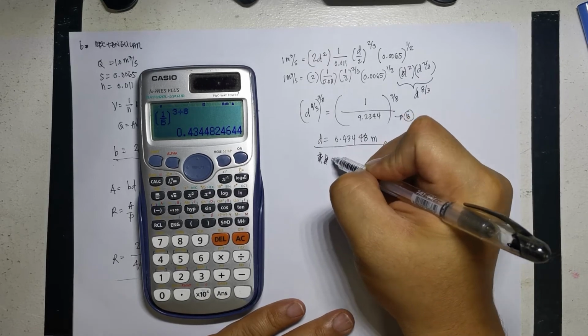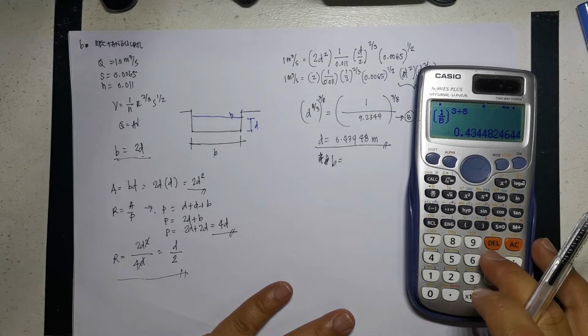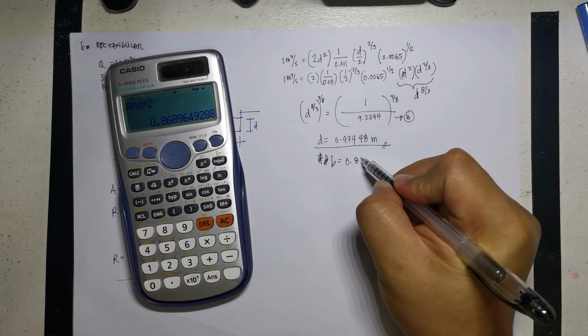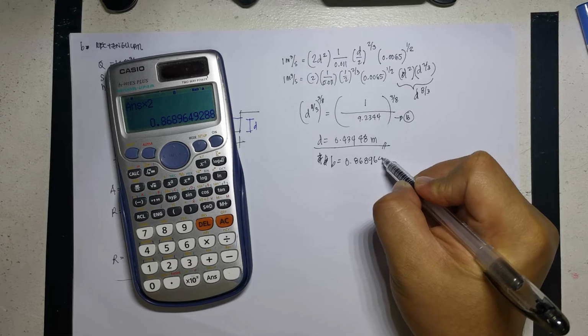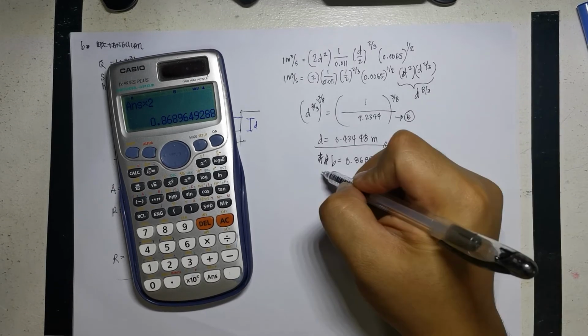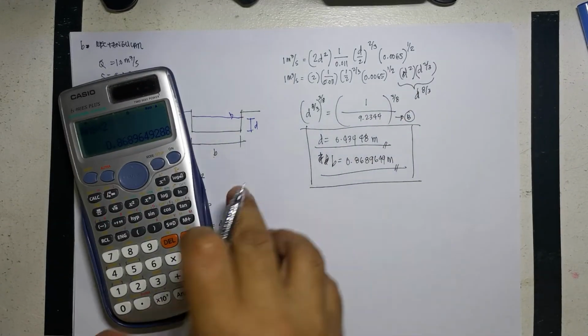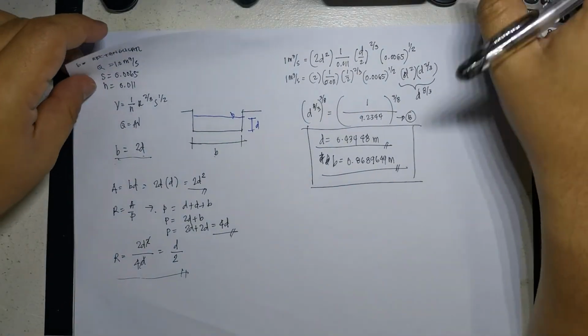And then B should be twice D, times 2 lang natin. So that will be 0.8689649 meters. So ito yung sagot natin. So the depth of flow should be 0.43 and then the base should be 0.8689 meters. Okay, dali lang, di ba? Ulit-ulit lang.